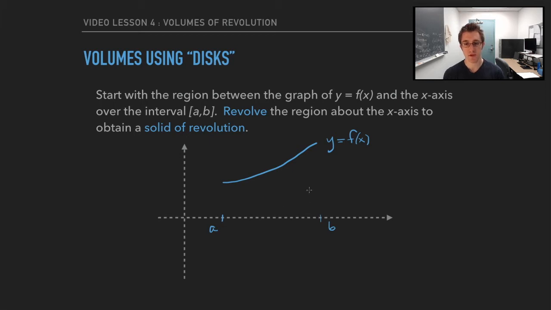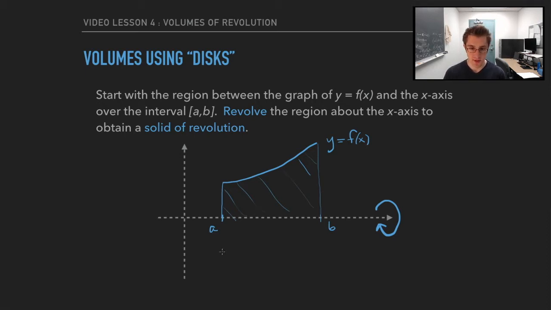And what I'm going to do is take the region underneath. So here's the region underneath the graph. It's this two-dimensional region. And I'm going to revolve it around the x-axis. Meaning, imagine that now this two-dimensional plane that I have depicted here is inside 3 dimensions, and I can take the x-axis and spin it, and that takes the region around the x-axis, and that traces out a 3-dimensional shape.